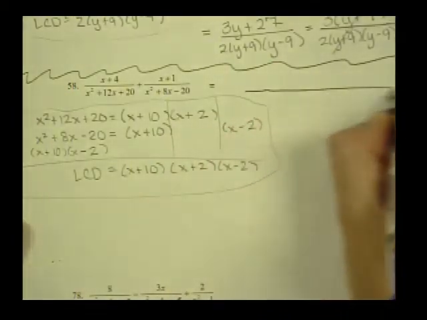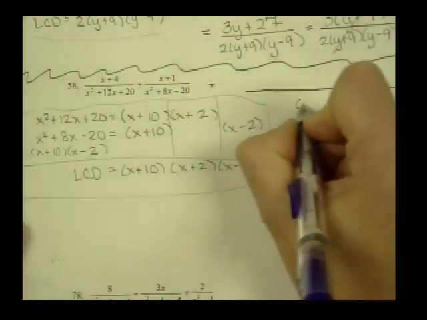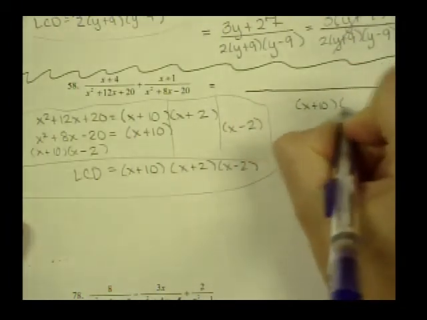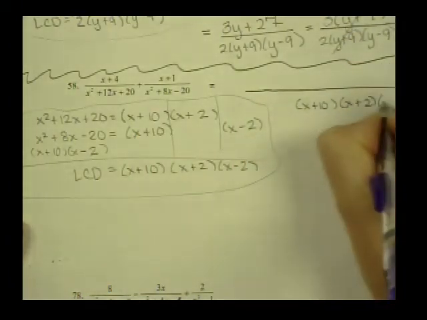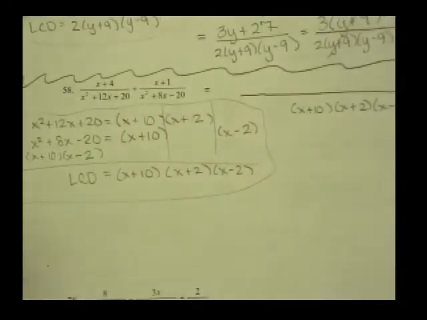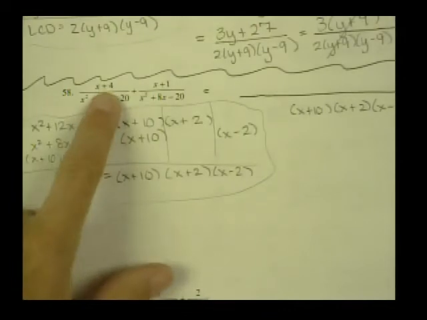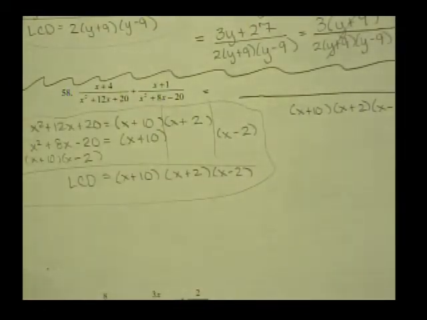So I'm going to go straight to the step where I write it as one big fraction. Okay, so the first numerator is x plus 4. Now, we may or may not have to multiply that by something.